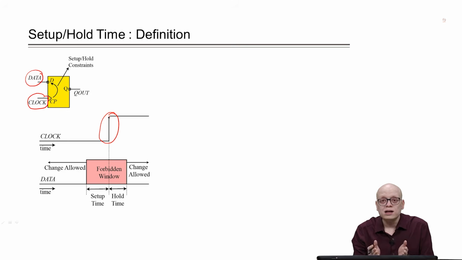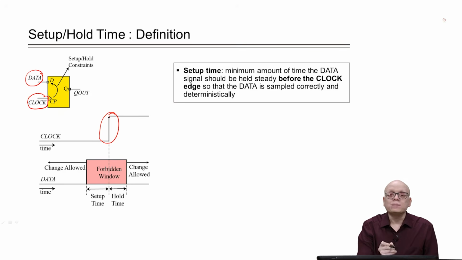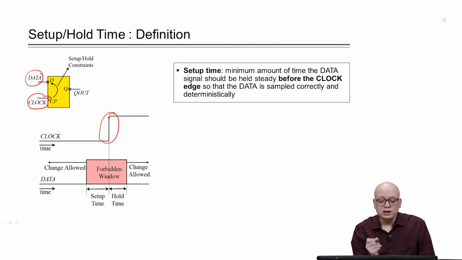It can be something which we do not know, and that state is known as a metastable state, and we try to avoid that situation where we do not know the state of a flip flop. So, we define this window around the clock edge by two attributes, and these attributes are known as setup time and hold time of the flip flop.